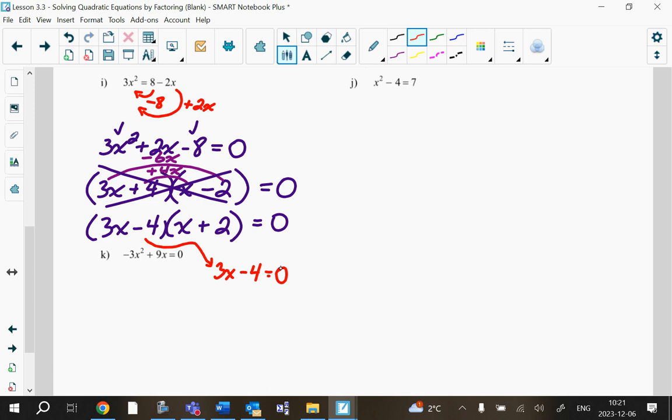X equals 4 over 3. And when I solve x plus 2 is equal to 0, what is x? Negative 2. So my two solutions are positive 4/3 and negative 2.